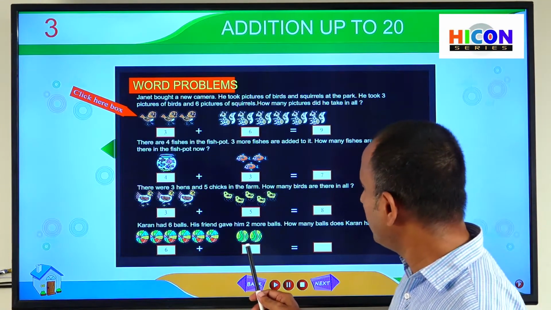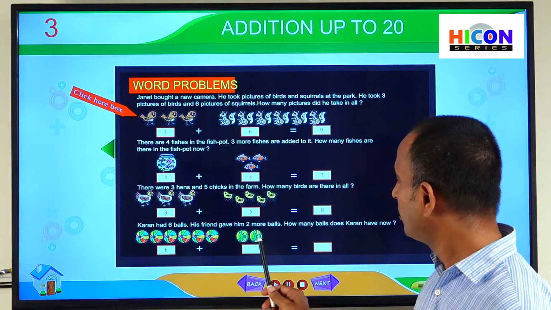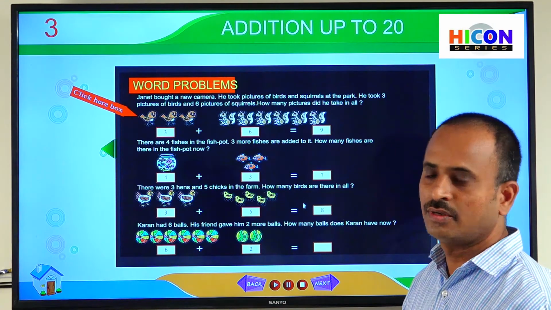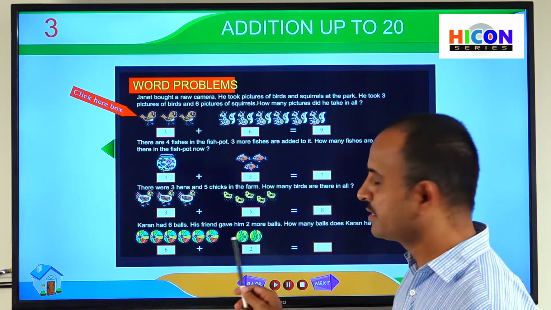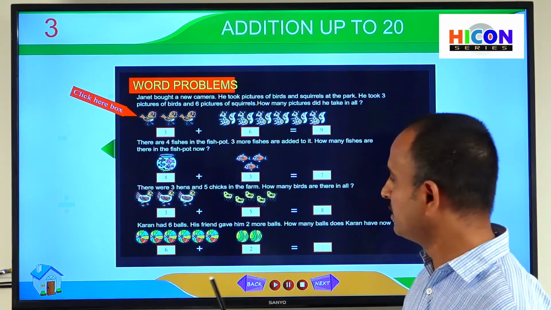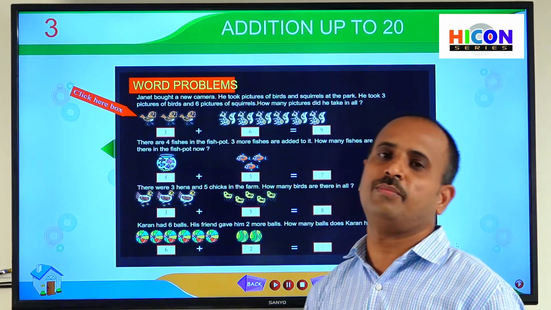Next, how many balls does his friend have? Count his balls. 1, 2. So his friend has 2 balls. So write 2 in this box. So now we have to add 6 and 2. How can we add 6 and 2? If we count all these balls together, we will get the total number of balls.